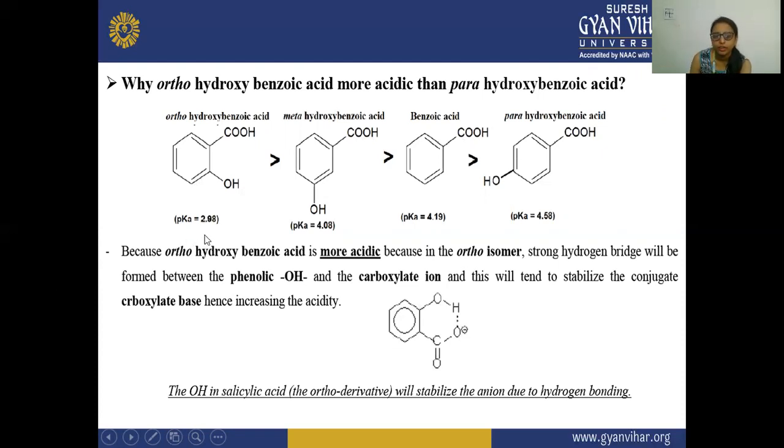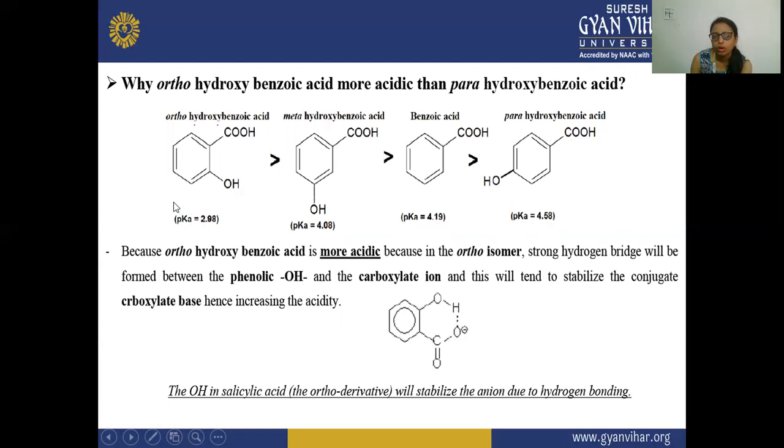You can compare the pKa values. The pKa value of ortho-hydroxybenzoic acid is 2.98. The pKa value of meta-hydroxybenzoic acid is 4.08. The pKa value of benzoic acid is 4.19. The pKa value of para-hydroxybenzoic acid is 4.58.